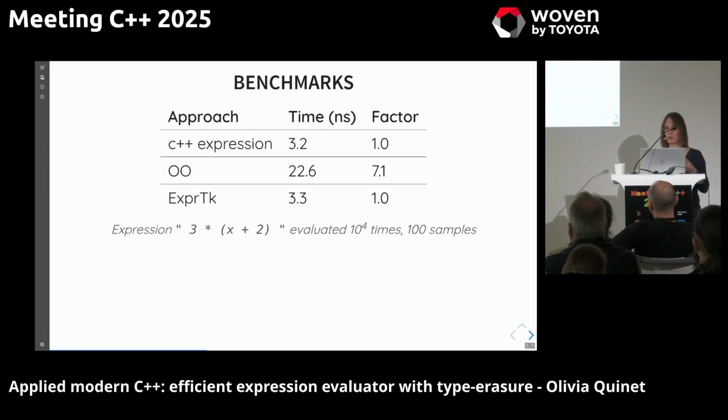So there is room for improvement, clearly. Of course, if you have more complex expressions, the factor just increases because you have more and more indirections in your evaluation. So can we do better?